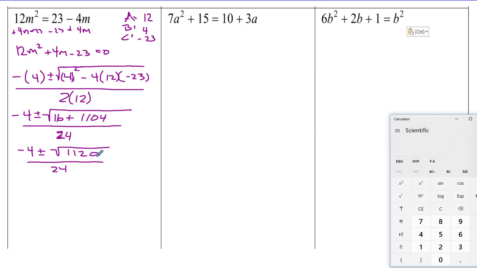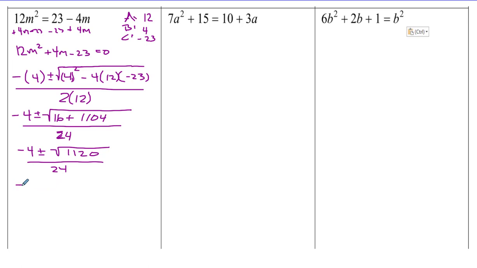Alright, so we can actually rewrite that as negative 4 plus or minus square root of 16 times the square root of 70, and again, this is all over 24. Okay, so this is going to give me a 4, so we're going to have 4 radical 70. So we're left with negative 4 plus or minus 4 radical 70 all over 24.